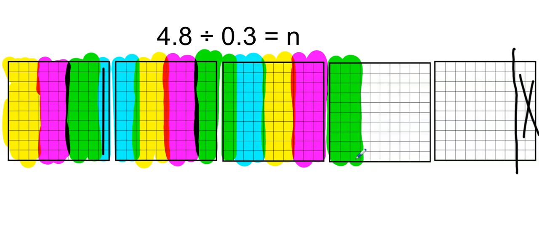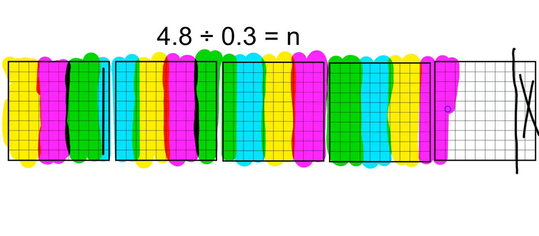And you could box these. You could use colored pencils. Different ways you could do it. 1, 2, 3/10. 1, 2, 3/10. 1, 2, 3 tenths.